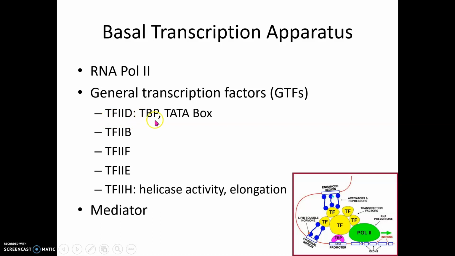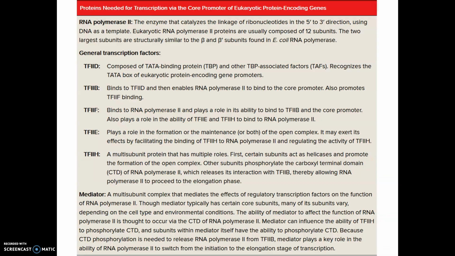D has this TATA binding protein and allows it to bind to the TATA box. H has a helicase activity and helps switch from initiation to elongation. And mediator has also been described as a factor that helps us with that switch from initiation to elongation in eukaryotes. If you want more detail about what they do, this is provided for you for your convenience.